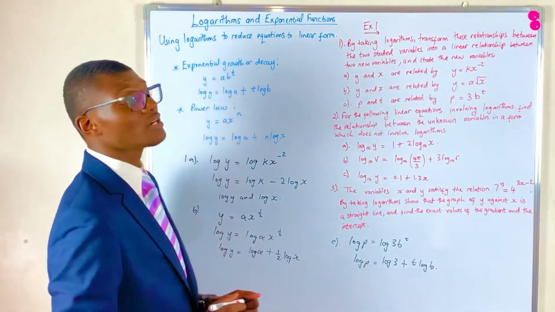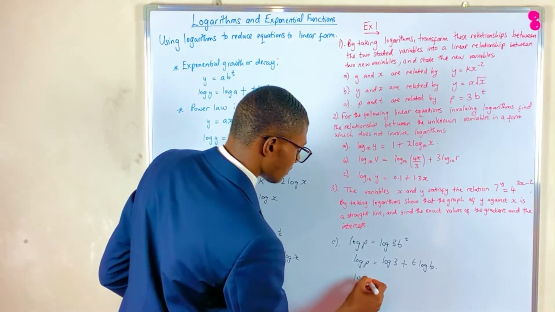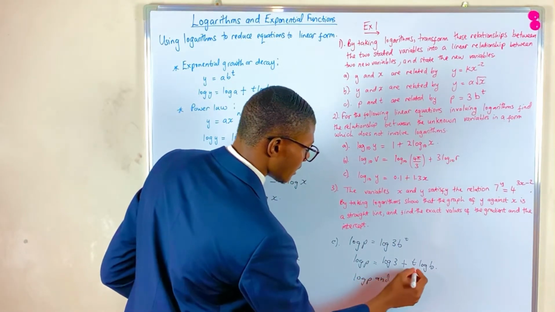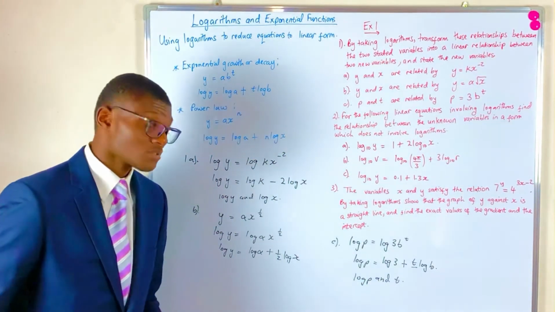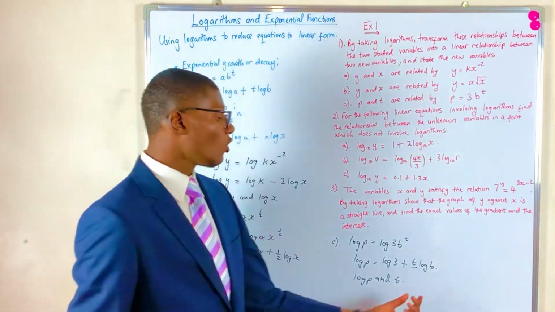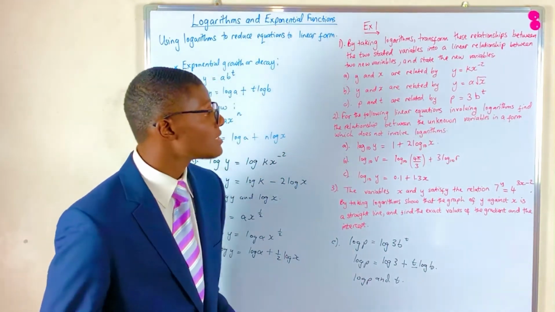So the new variables that we have here are log p and t. And log b is the gradient, whereas log 3 is the intercept.